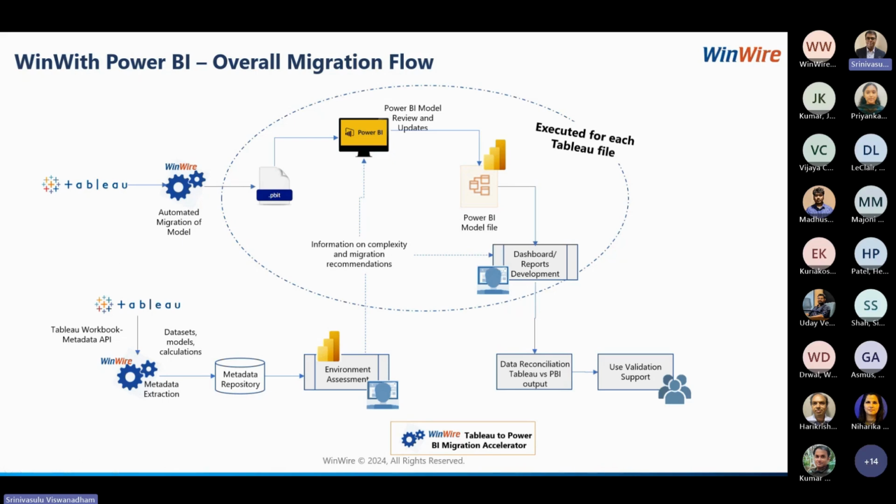Now, you might be thinking, okay, what exactly is this model migration? For any kind of Power BI report, you have some sequence of steps. What exactly are those steps? You open the Power BI report, connect to the source, and get the necessary tables.